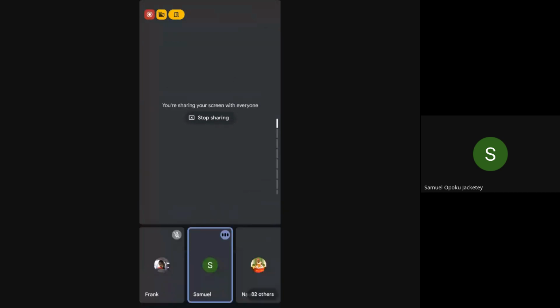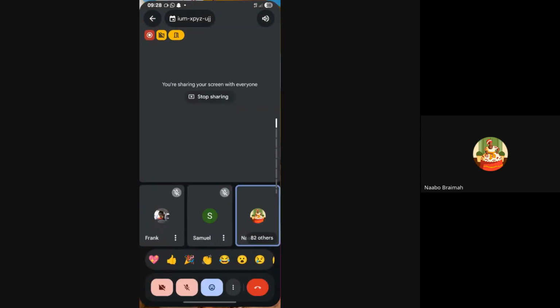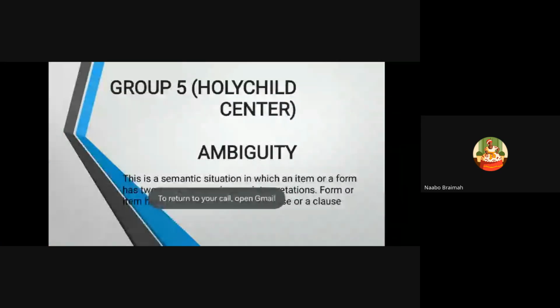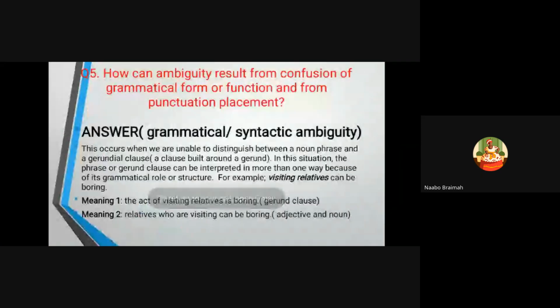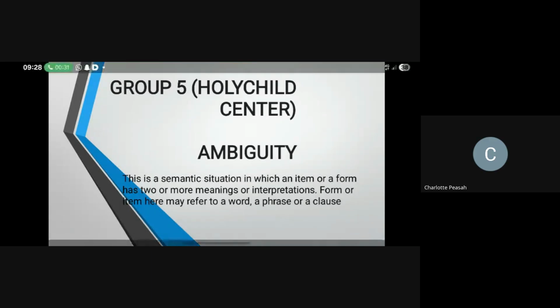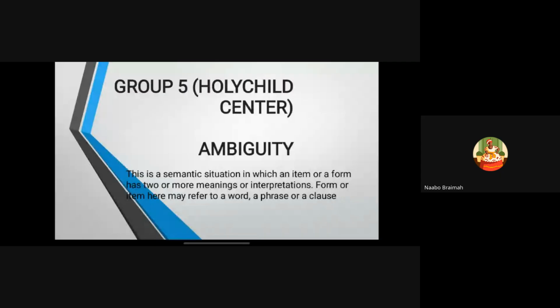No, the slides have disappeared. It is showing now. Yeah, we can see now.